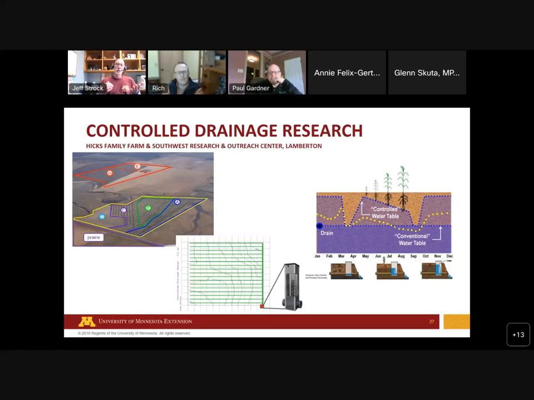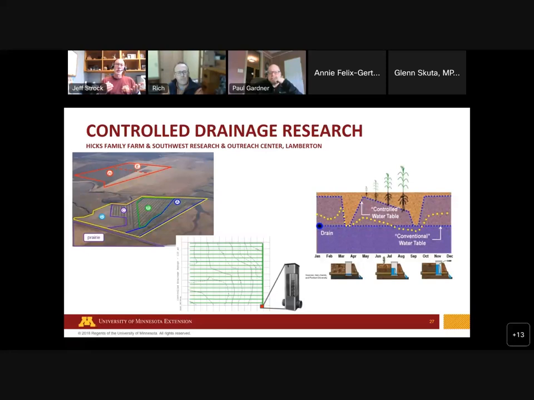Now, the thing that I'll tell you is that we do see a benefit of reduced drainage volume, nitrate loss reductions, phosphorus load reductions from controlled drainage, modest yield increases. But we also have some negative aspects of this.